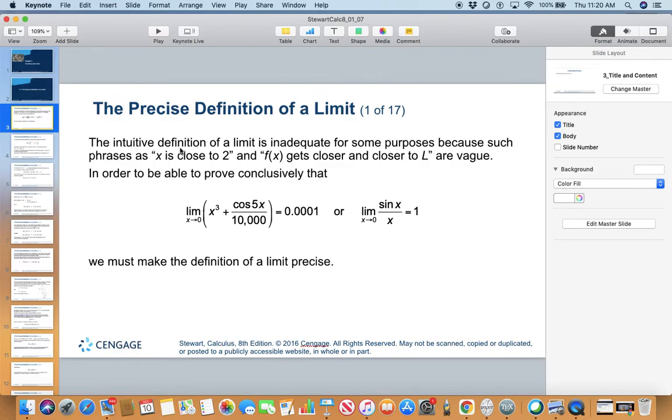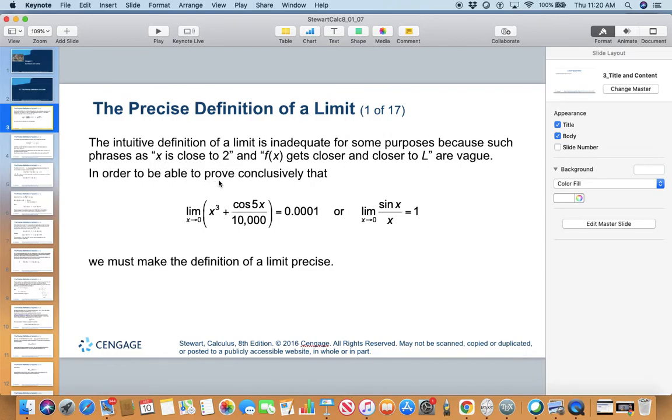The intuitive definition of a limit is inadequate for some purposes because such phrases as "x is close to 2" and "f(x) gets closer and closer to L" are vague phrases.